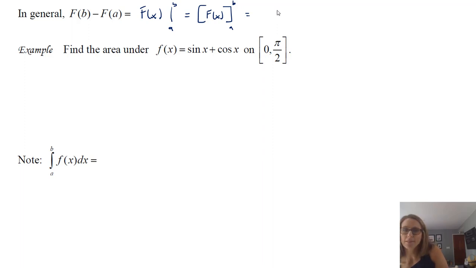Just a lot of ways to say it. You could even see x equals a to x equals b. That would not be out of the realm of possibility. So just different notation that all mean the same thing.